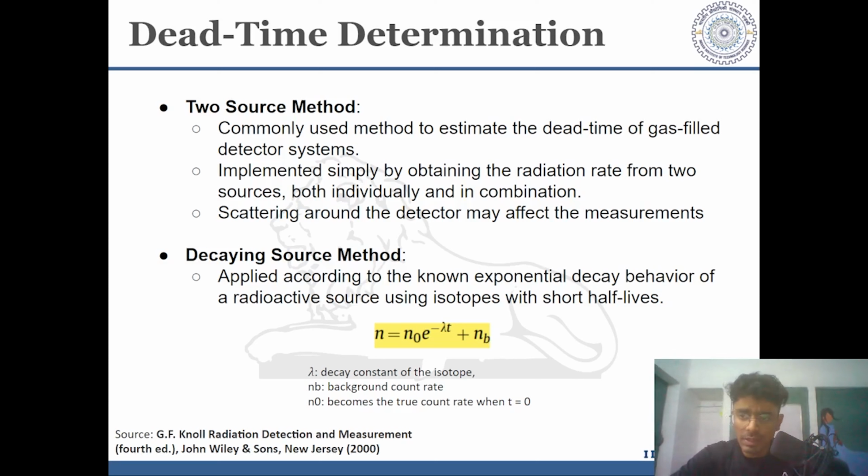Now, the second common dead time determination method is the decaying source method. This method can be applied according to the known exponential decay behavior, which is n = n0 e^(-lambda t) + nb, where nb is the background count rate and lambda is the decay constant of the isotope. But this decaying source method is only feasible for isotopes with short half-lives.